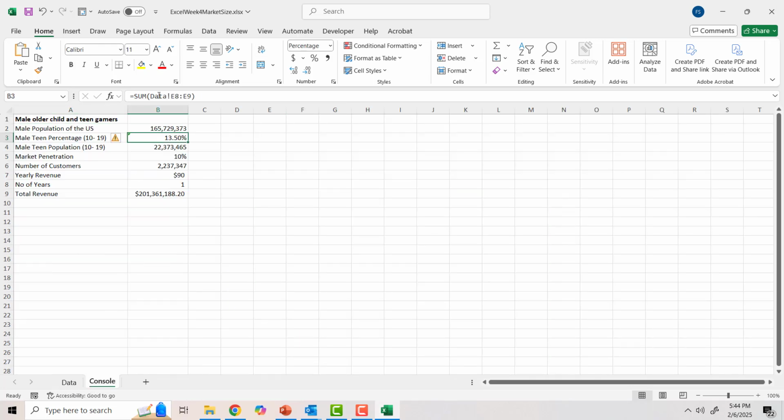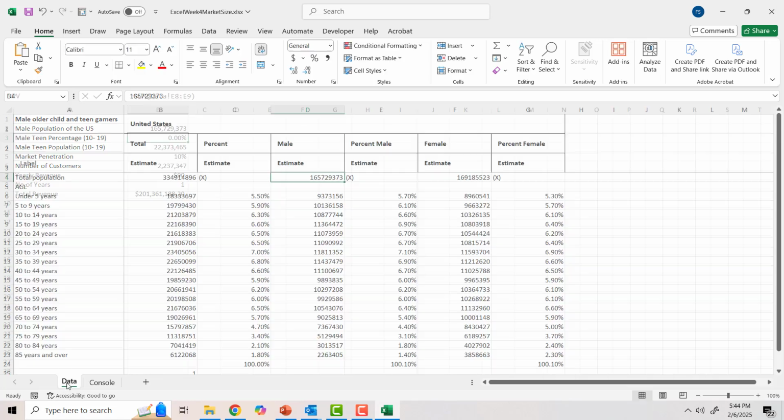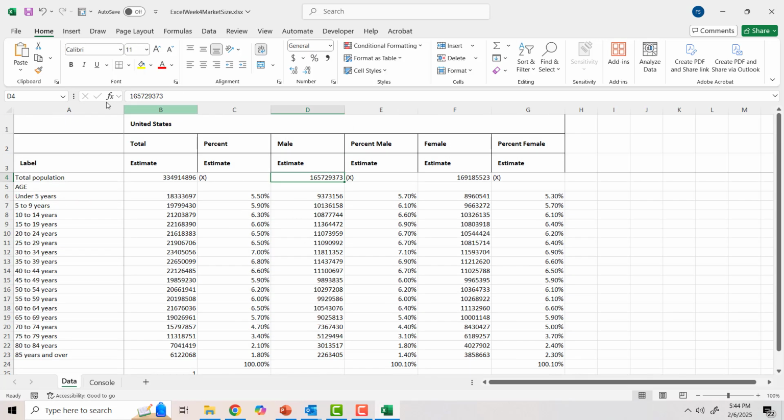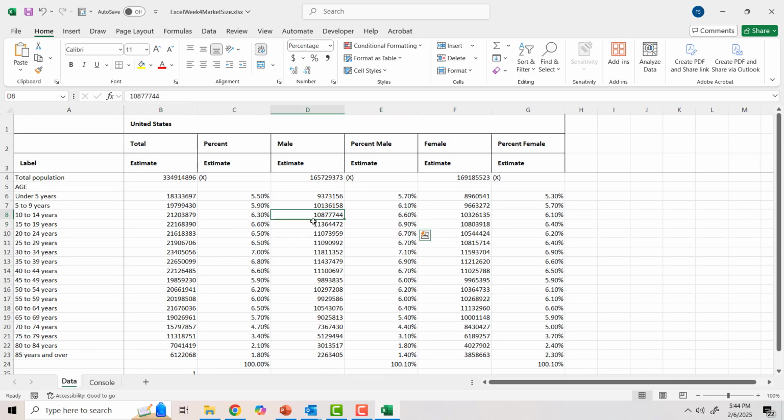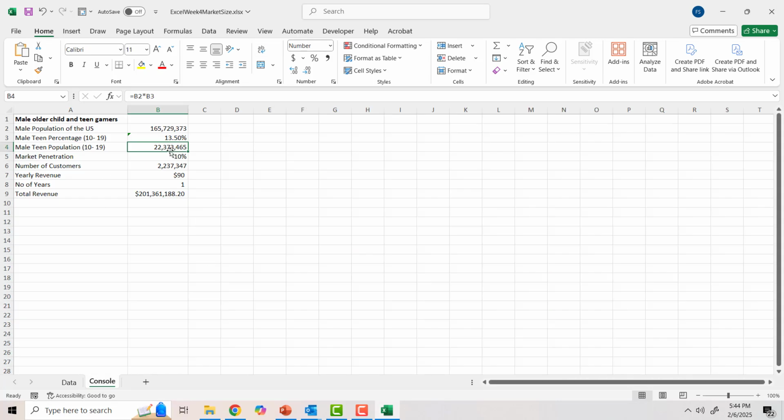And then if I just do E8 and E9, we've got the percentage male and percentage female in these two age groups. So we add these percentages together and multiply by the total population. This gives us the population of males in the ages of 10 to 19, around 22 million. Now, because we have the data here, we could have just added up these two values, but we don't always have the full population data.